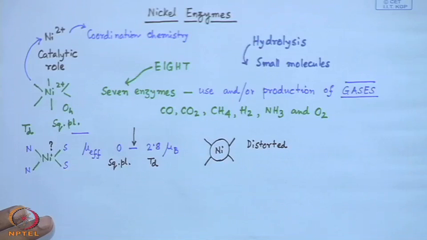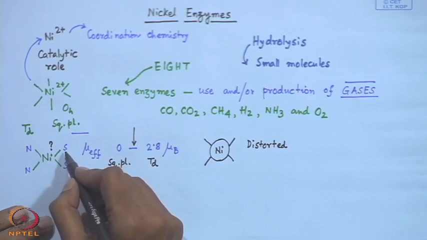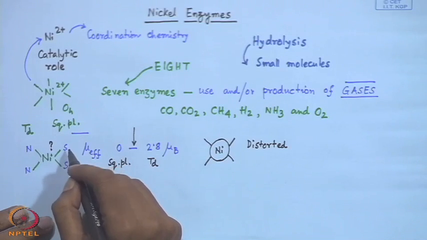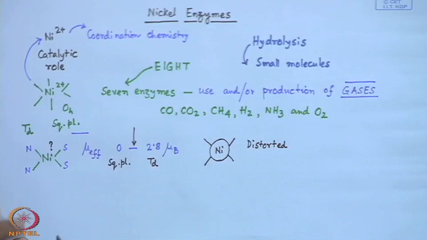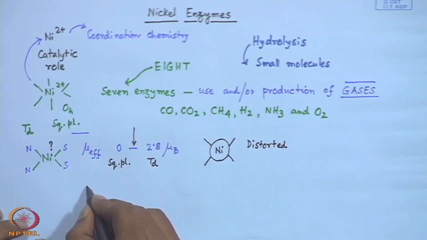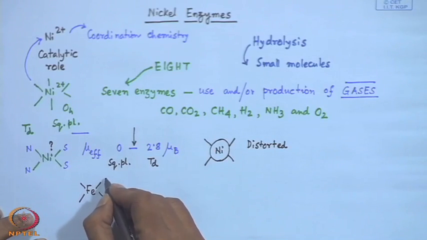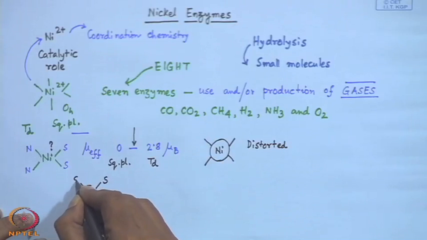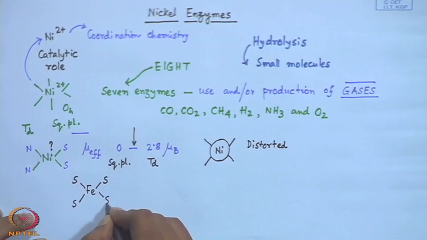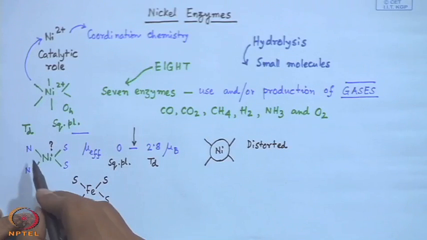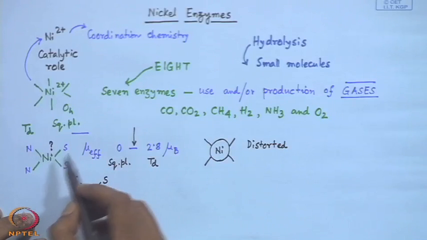That gives us an immediate clue about the binding pattern, if we simply correlate it to a center like single iron rubredoxin. Single iron rubredoxin had S, S, S, S, but here it is N2S2.